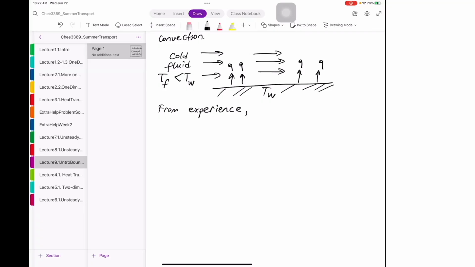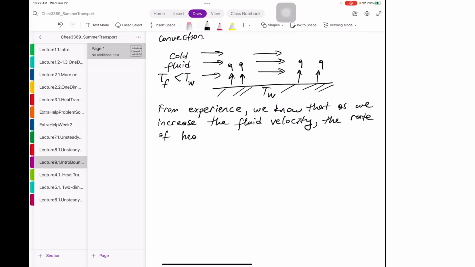From experiments, we know that as we increase the fluid velocity, the rate of heat transfer increases, right?